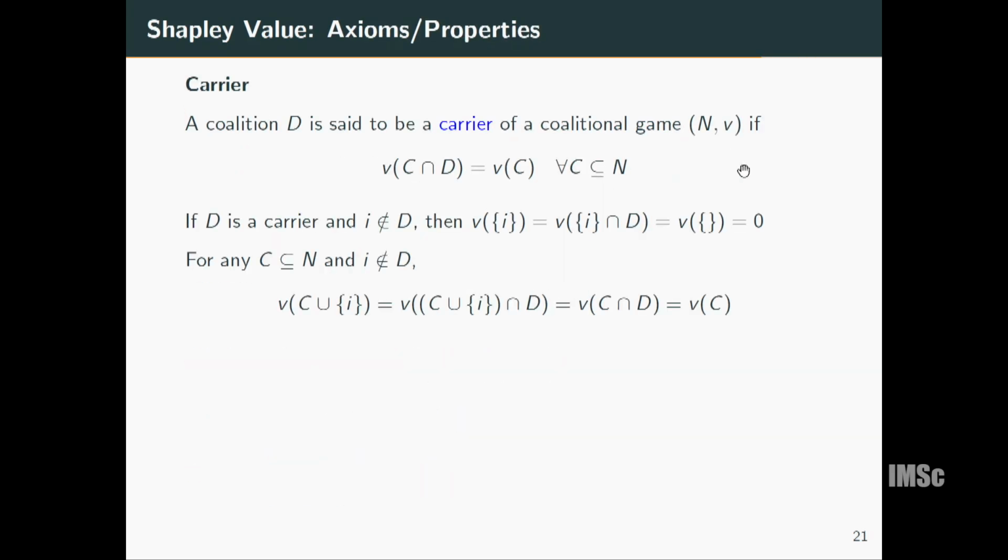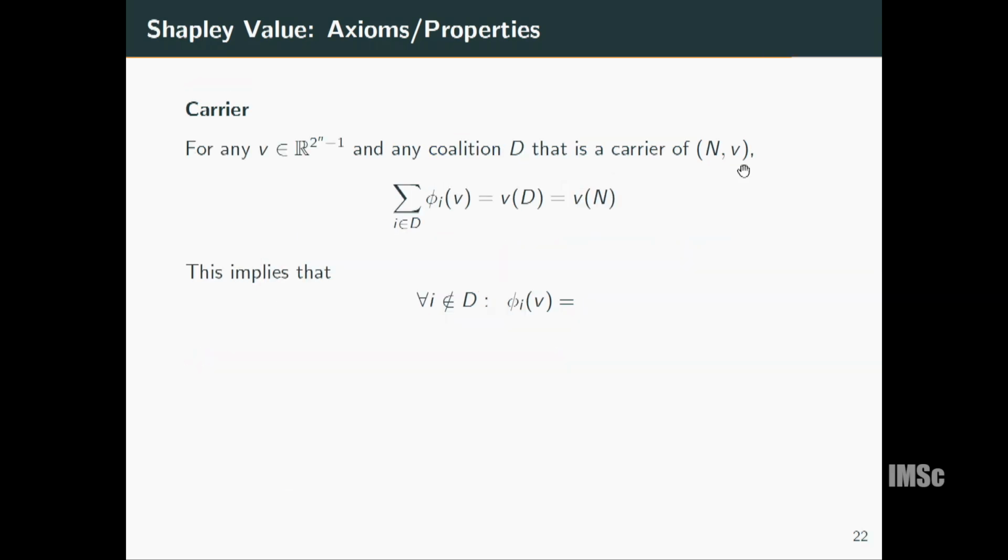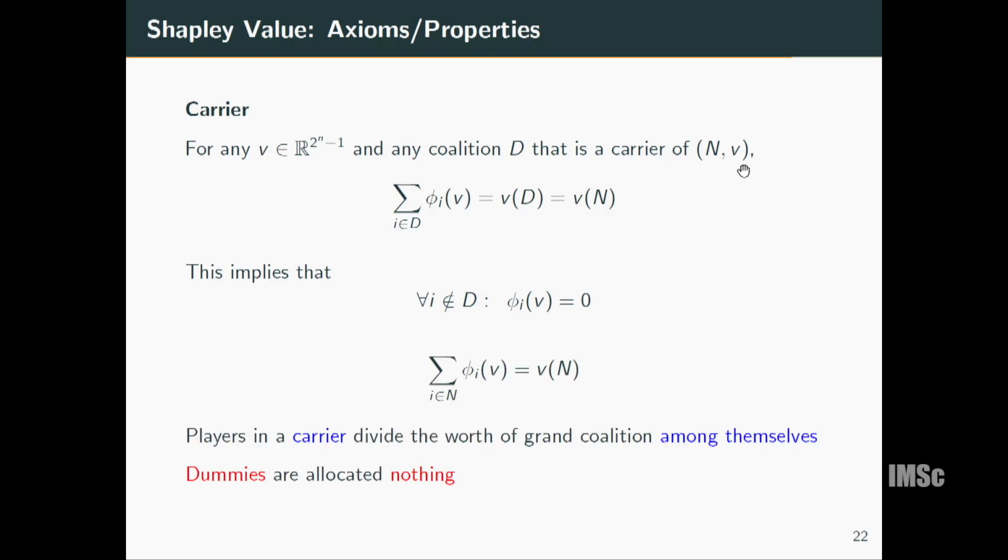Carriers are the people who are carrying the entire load on their head, so the other people are not doing anything. If you call a person dummy, his value individually is 0, and if this person is added to any set, it doesn't make any change.